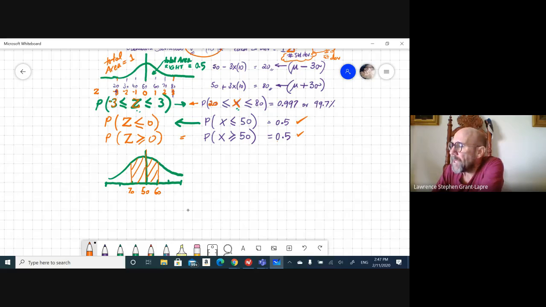Remember, now I'm doing one standard deviation above and one standard deviation below. So instead of 20 to 80, I'm going to go from 40 up to 60.